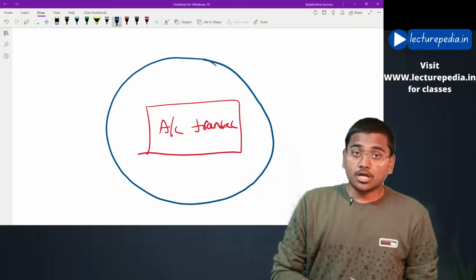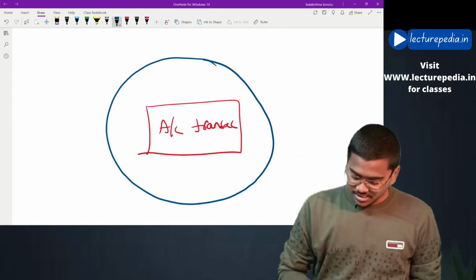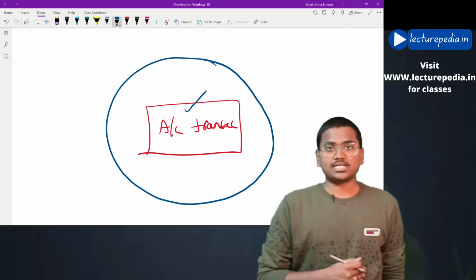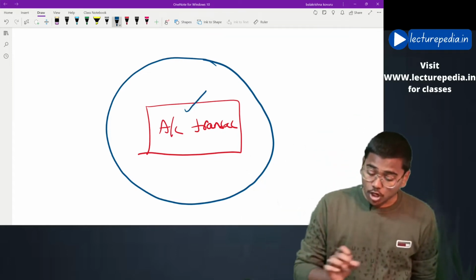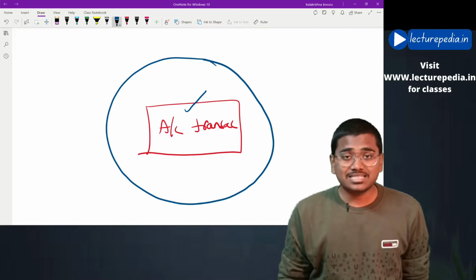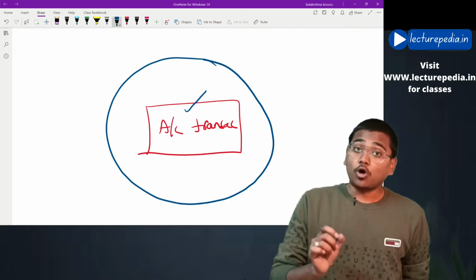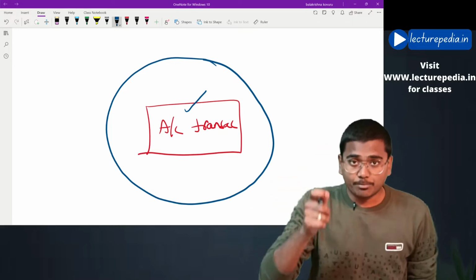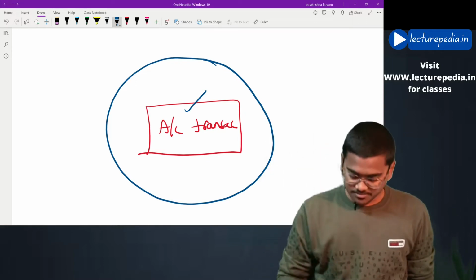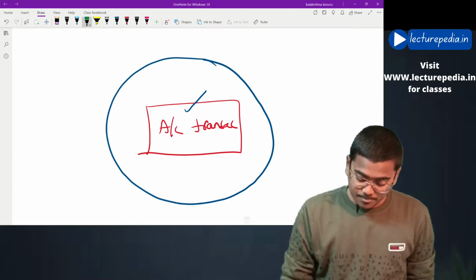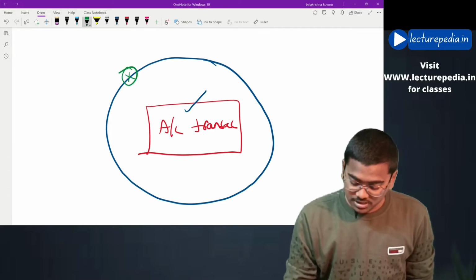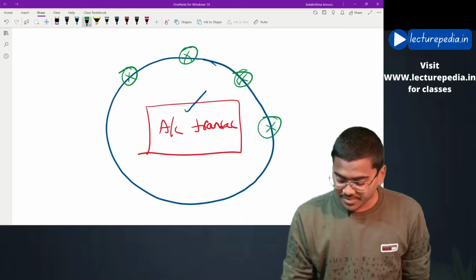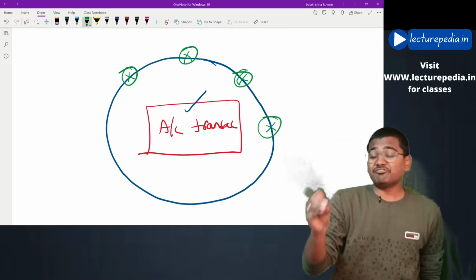Now the objective of the auditor is to determine whether these transactions are correct or not. In order to determine that, first of all, the auditor will perform test of controls to determine whether the controls that are placed by the organization around these transactions are working effectively or not.